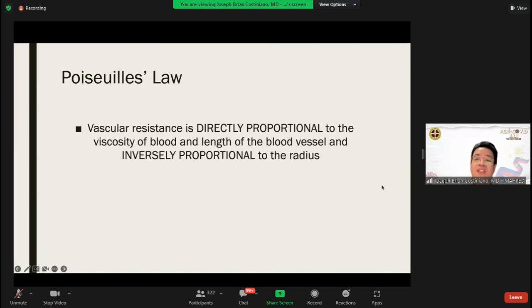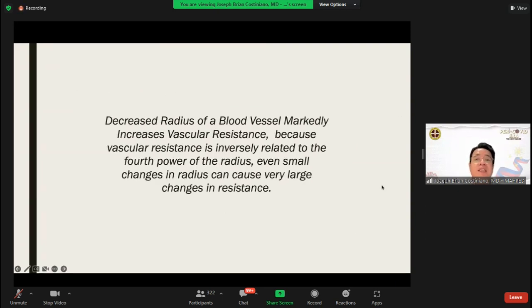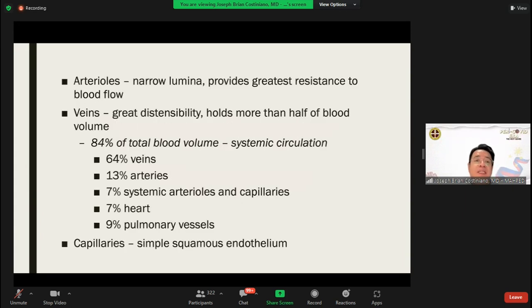Okay, so connected po sila. A decreased radius of a blood vessel markedly increases vascular resistance because vascular resistance is inversely related to the fourth power of the radius. So even small changes, no, in your radius can cause very large changes in your resistance. Okay, take note of this.